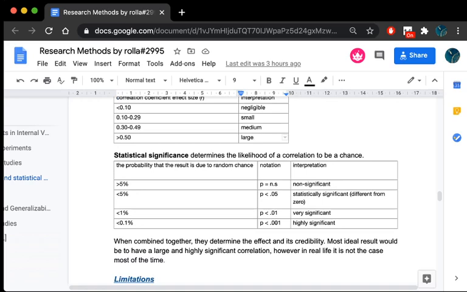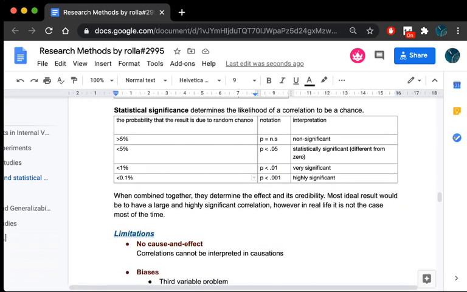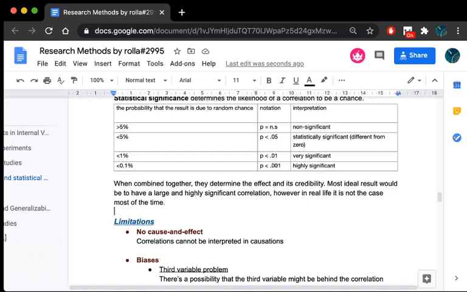To see whether the significance is by chance or not, you want to do statistical significance. The smaller the p-value is, the less likely that it's by chance. But the higher the p-value is, the more likely that your result is by chance. So it's not significant if it is. And both of them combined determine the effect and dependability of the results.